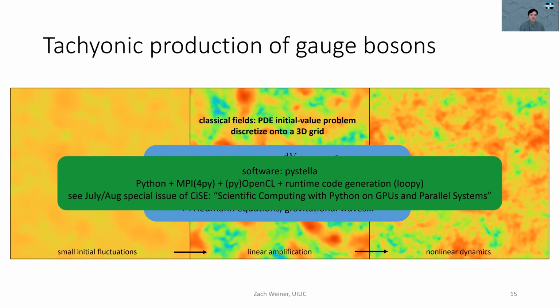And so, I was honored to have the chance to contribute to a special issue of Computing in Science and Engineering magazine, the July/August special issue this year, on scientific computing and high performance computing with Python, where I described the philosophy of PyStella as far as addressing the performance portability problem.